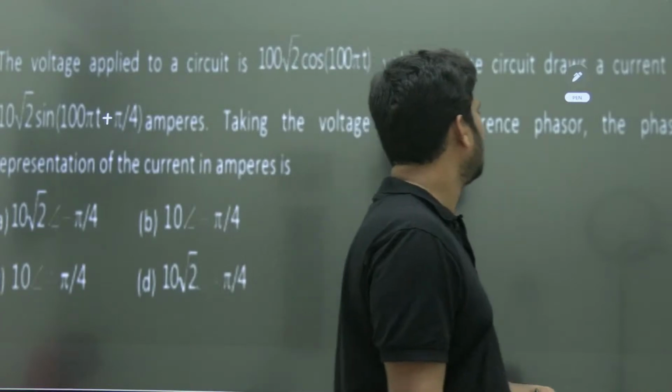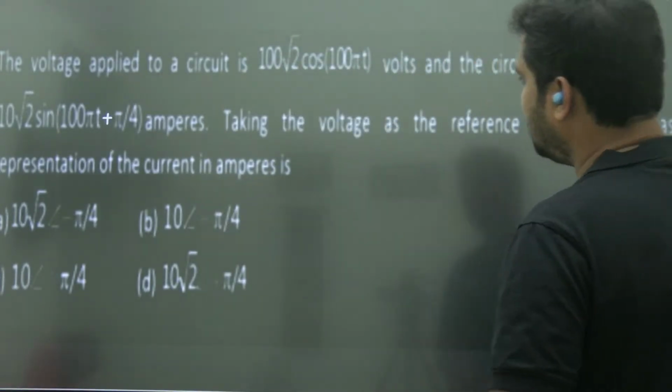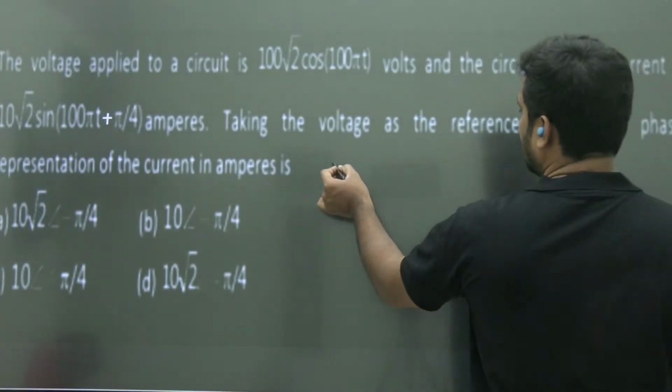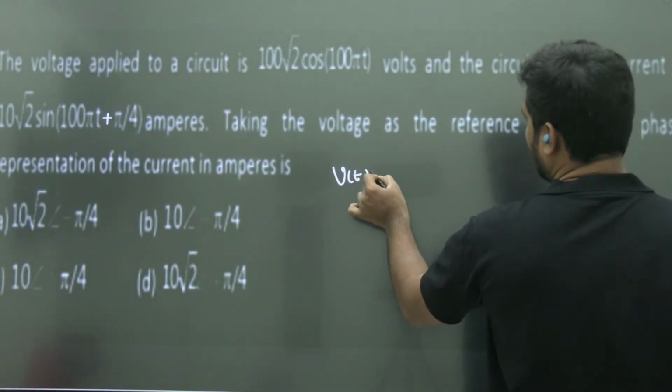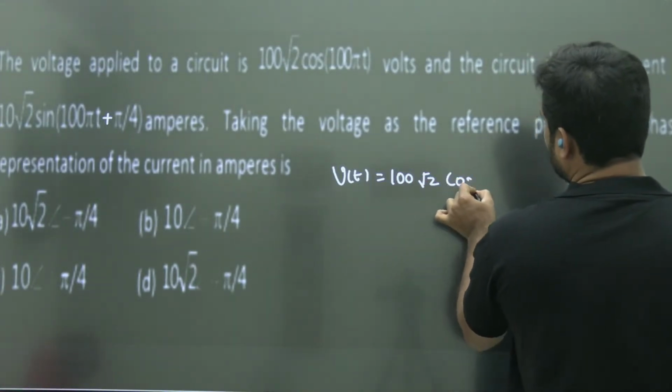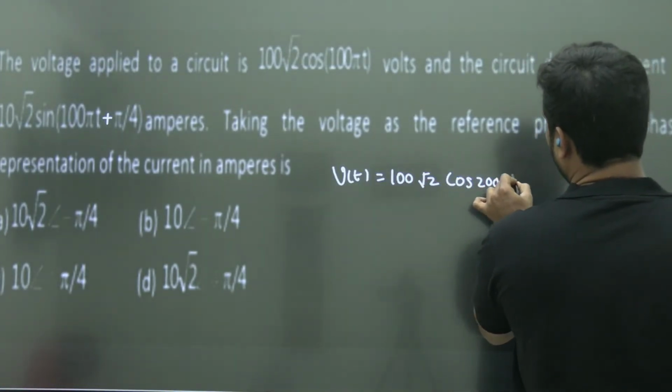Okay, taking voltage as the reference, then what is the current value? Firstly, what is the voltage value? 100 root 2 cos 200 pi t.